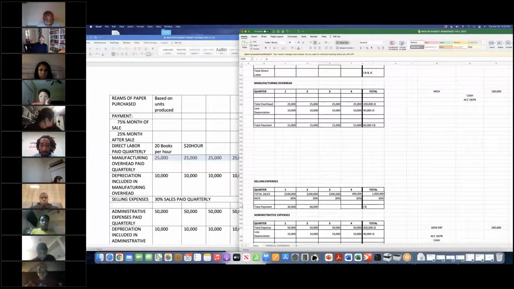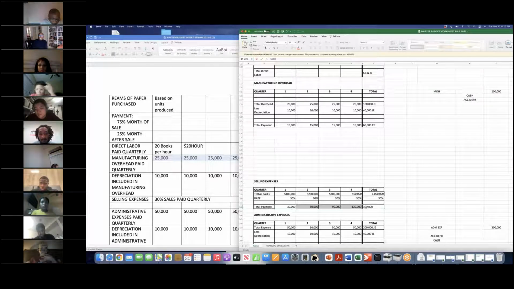Next quarter, 90,000. And the final quarter, 120,000. And so the total sales, how much would this number be? 60, 90, 180. 300,000. Thank you. So now we see what our selling expenses are that we have to pay quarterly and in total.